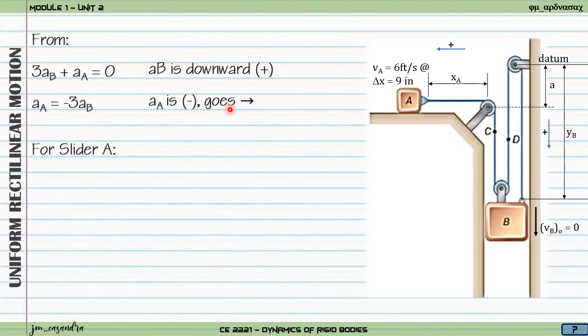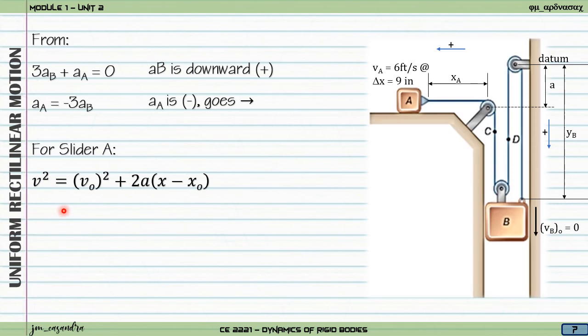So for slider A, we have the equation v squared is equal to vo squared plus 2a delta x. Since we are given delta x and a final speed for this change, we can directly substitute in this equation.